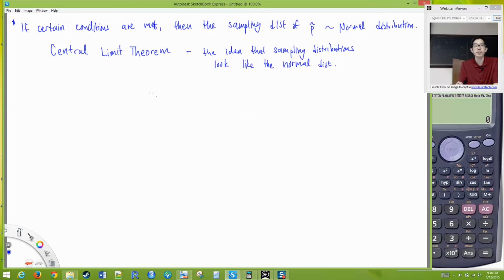Not just any old sampling distribution is going to look like the normal distribution. There are a few conditions: 3 conditions must be met in order for this normal distribution stuff to apply. So I'll say all 3 conditions must be met if we want to use the normal distribution.